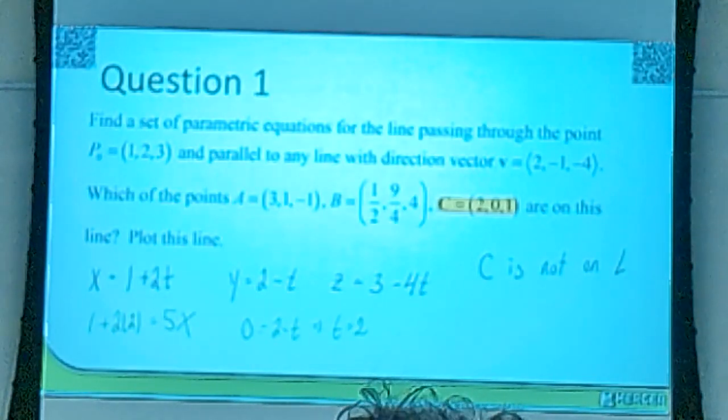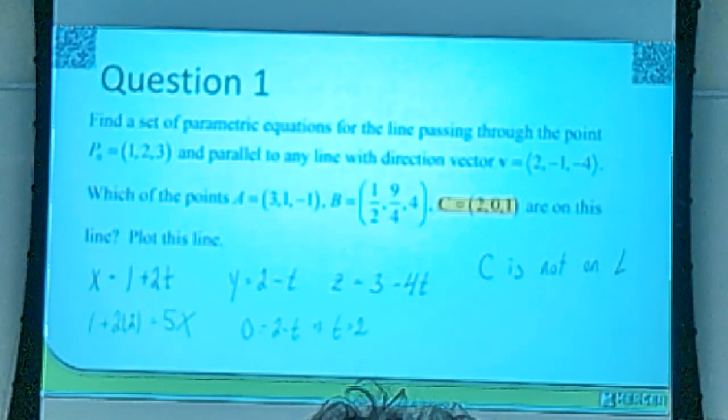Now just to plot it. This is a 3-dimensional line, so you're not going to be able to do it on a calculator.